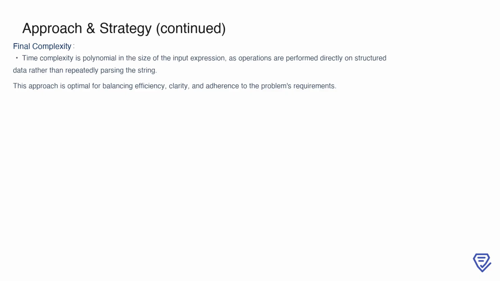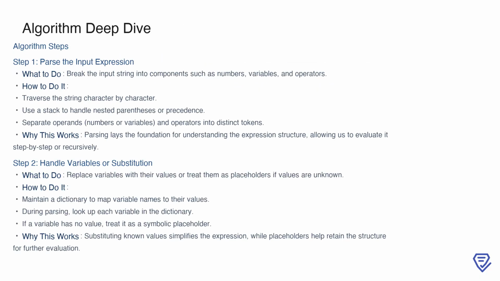structured implementation. To begin solving this problem, the first thing we need to do is parse the input expression. This means breaking down the input string into its fundamental components, such as numbers, variables, and operators. To achieve this, we traverse the string character by character, identifying and separating these components.